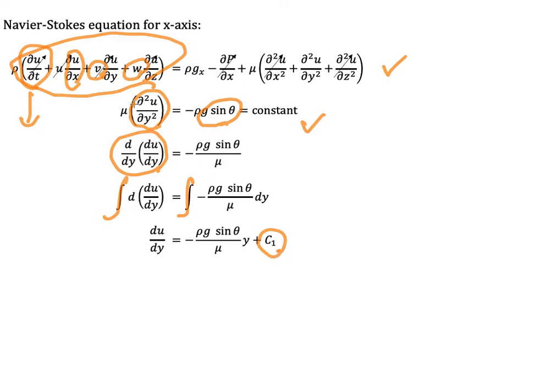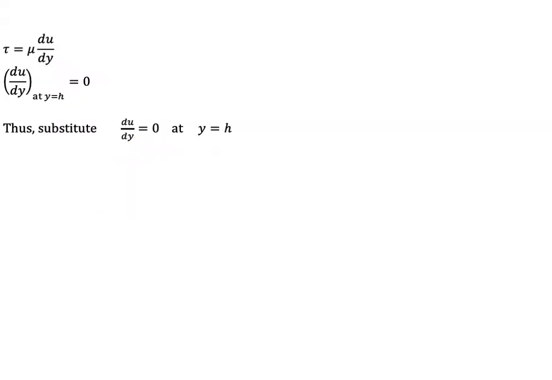And then we use the idea of our boundary condition. In this situation, we use the idea of shear stress. We found that the shear stress, the Newton viscosity law actually, shows that tau is equal to mu du dy.